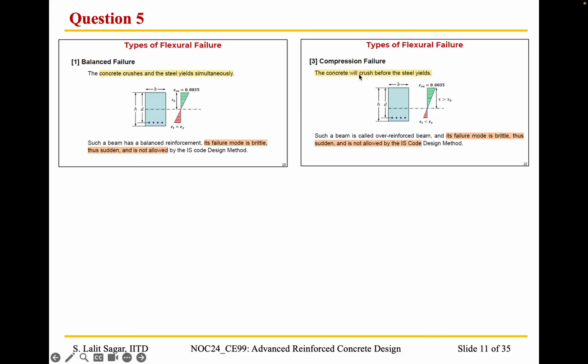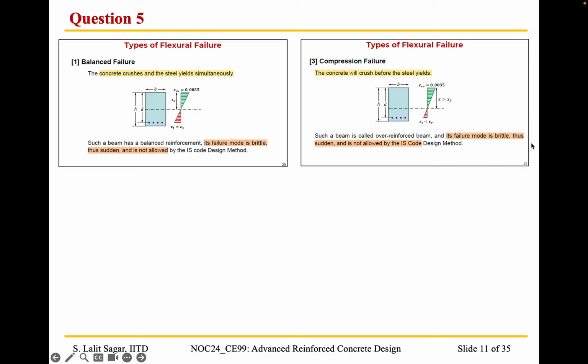And similarly, in the compression mode of failure, the steel reinforcement would not have undergone yielding, but the concrete crushes suddenly. This happens in an over-reinforced beam. So this is also a brittle mode of failure, because it fails before giving us any proper warning.